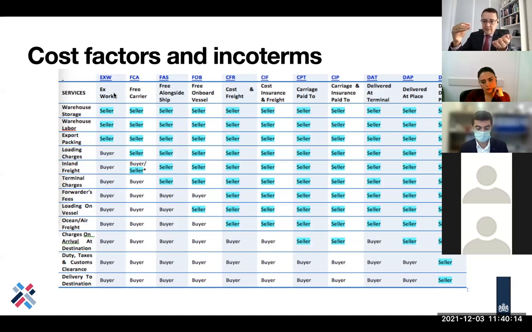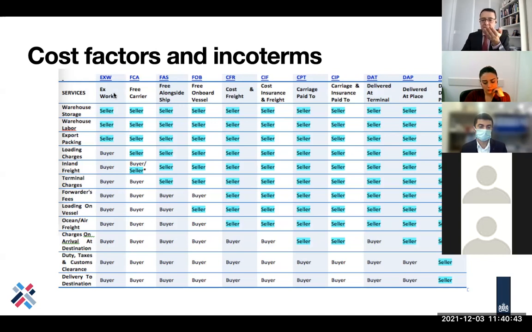There is a set of Incoterms for land shipping, either on rail or by truck, and there's another set of Incoterms for air shipping. But because 80-something% of the world's trade takes place by ship, these are the standards. So free carrier is on the truck before the port.